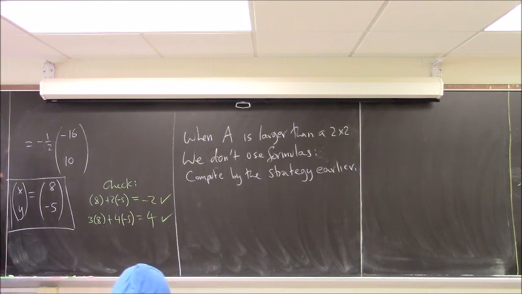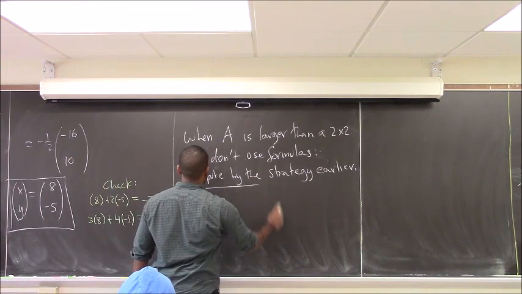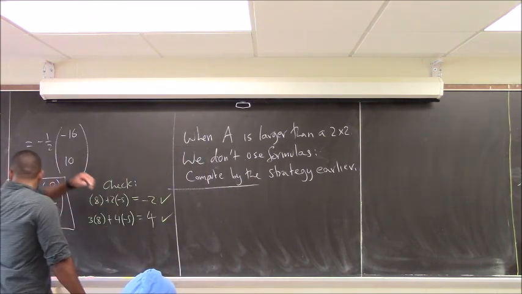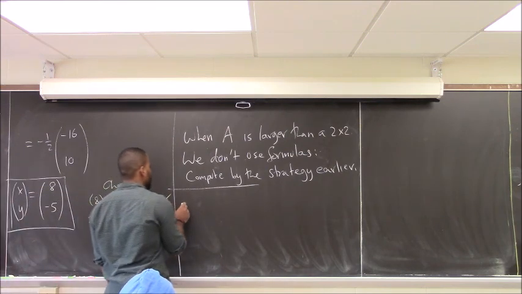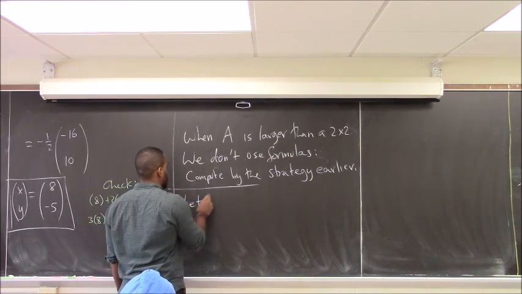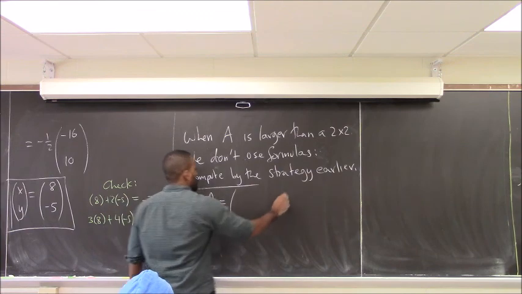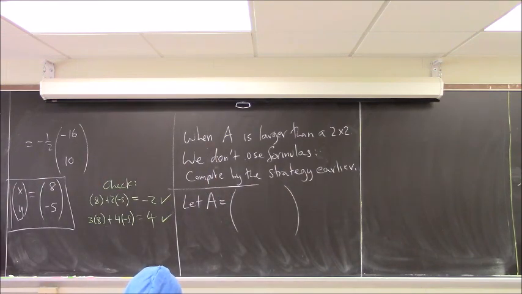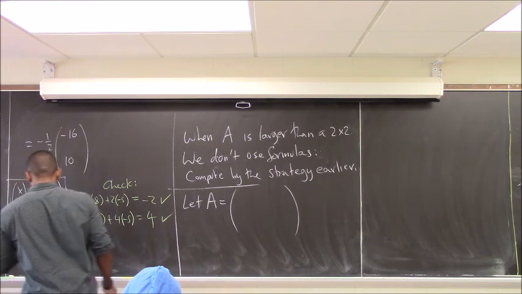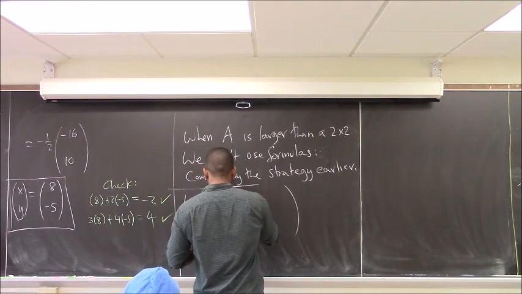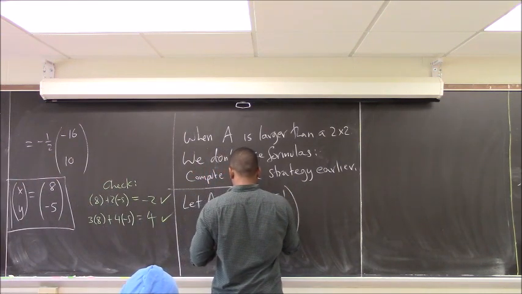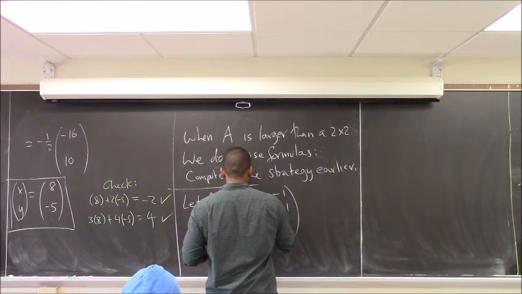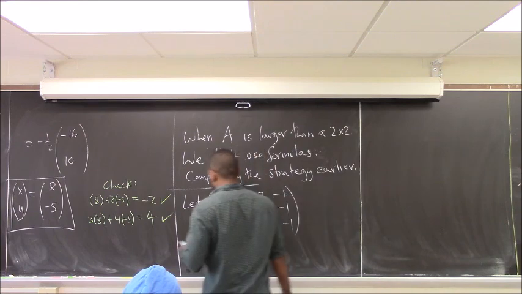And so let me show you for a 3 by 3, how that's going to actually look. An example here. 2 minus 2 minus 1, 0 minus 2 minus 1, 1 minus 1 minus 1.